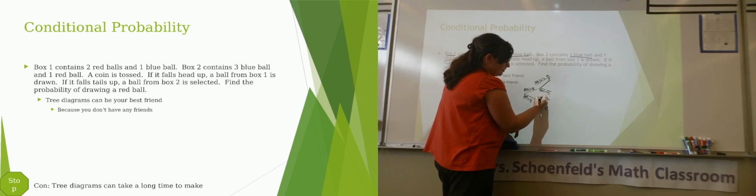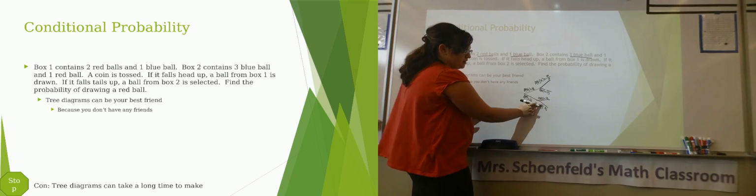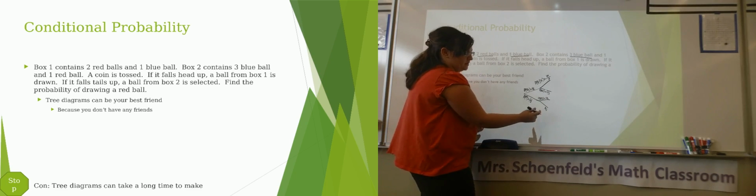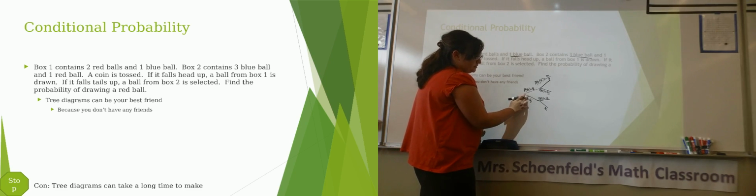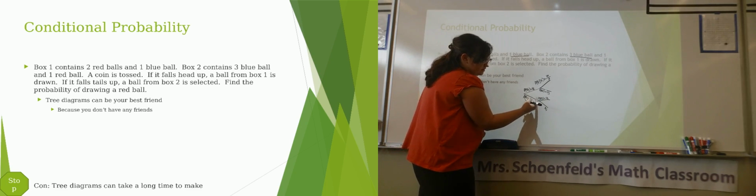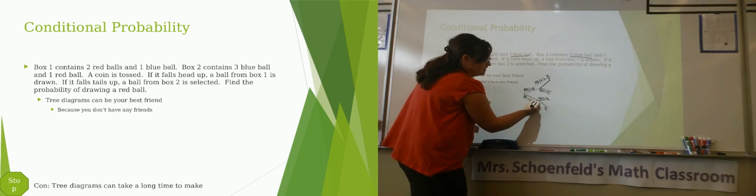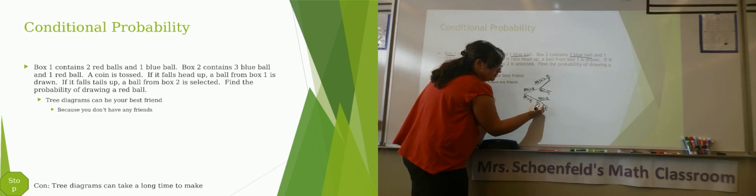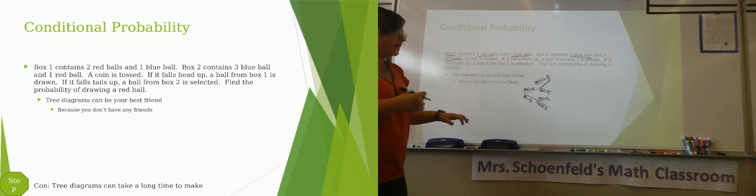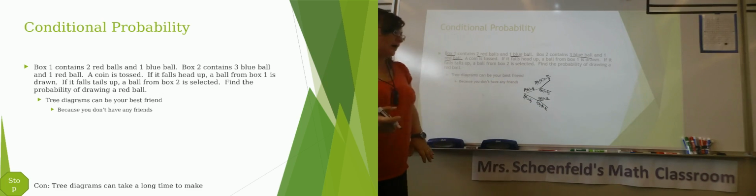The probability of getting a red given that I had a tails for this one is equal to 1/4. This one is the probability of a blue given that I had a tails, equal to 3/4. So that's what those actually look like when you write them.